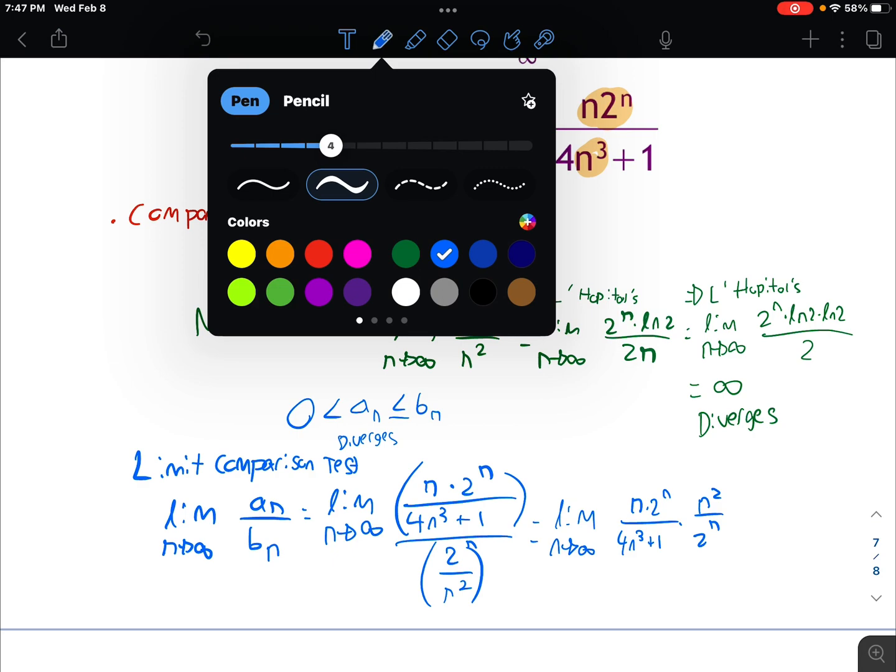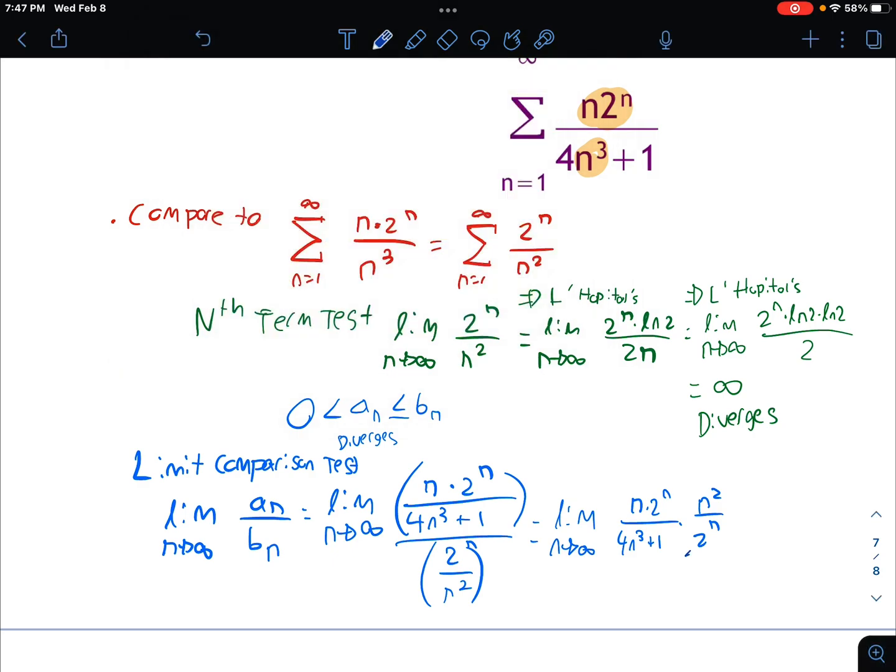What's nice about this is the 2 to the n are going to cancel right here and there. And we're going to be left with the limit as n approaches infinity of n cubed over 4n cubed plus 1.